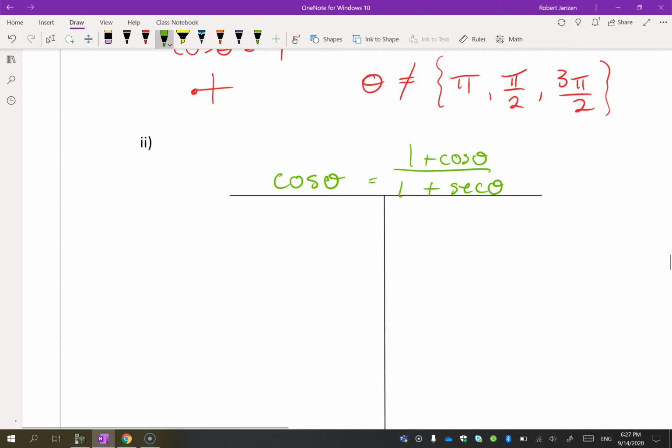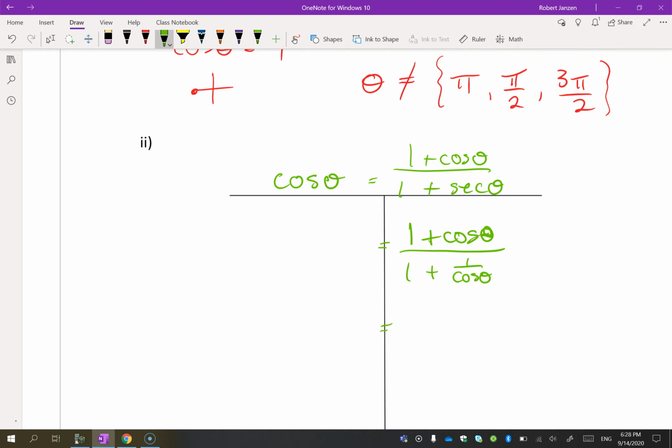Okay, pretty obvious which one's more complicated. What do you think we should do with that? How are we going to make this look like the left side? Well, a little clue. We want to end up with cosine, so why don't we change the secant to cosine? So you're going to have 1 plus cos over 1 plus 1 over cos.